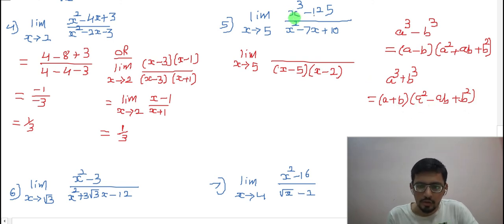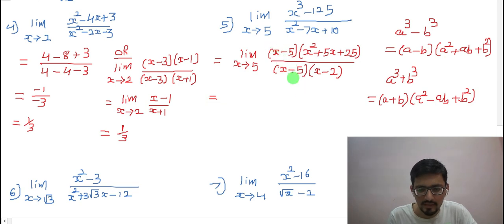Okay. So very clearly you can see here x cube minus 125. 125 is basically 5 cube, and this is x to the power 3. So I will write x minus 5, and in the second bracket, the square of x, which is x square, minus will become plus, x into 5, that is 5x, last term always plus, and then the square of 5, which will be 25. So very clearly after this much factorization, x minus 5 will get cancelled, right?